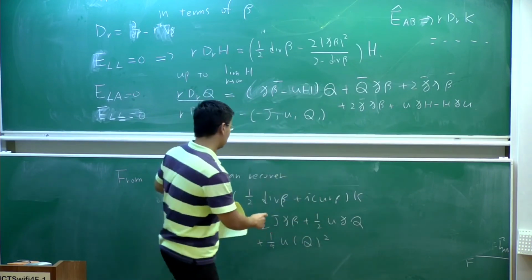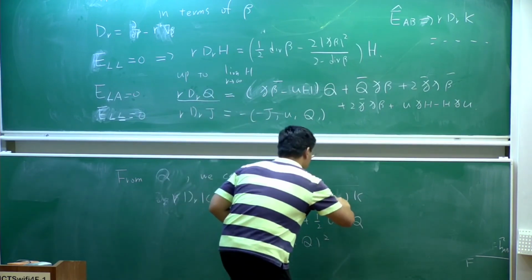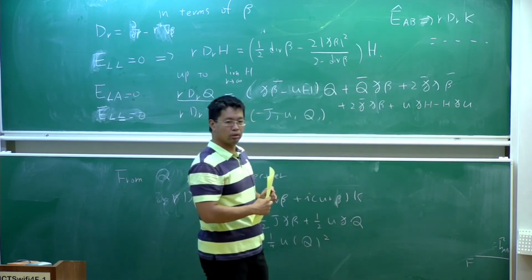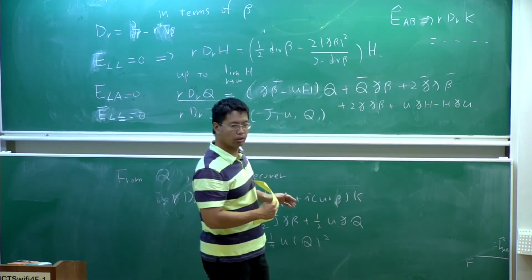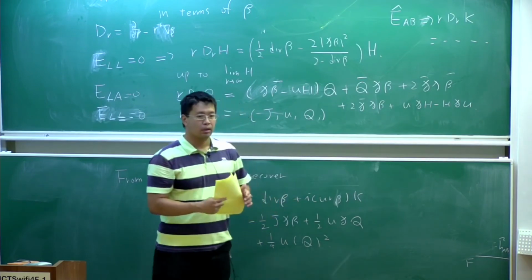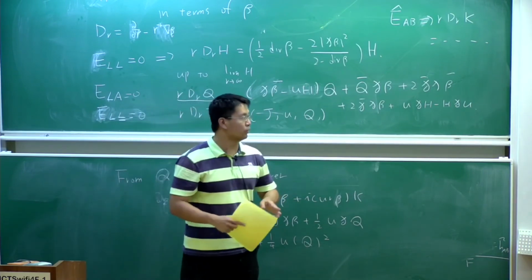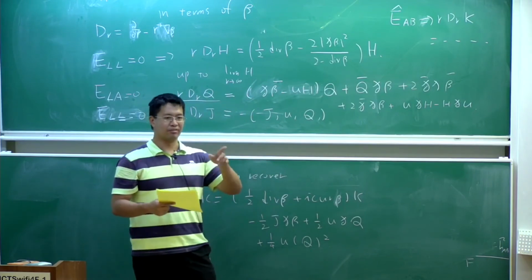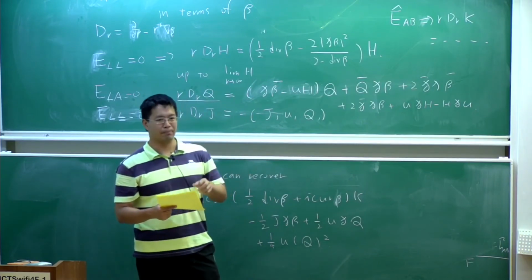What is the curl of beta? Is it S beta? How is curl of beta different from S beta? Curl beta will be S beta minus I of S bar beta.